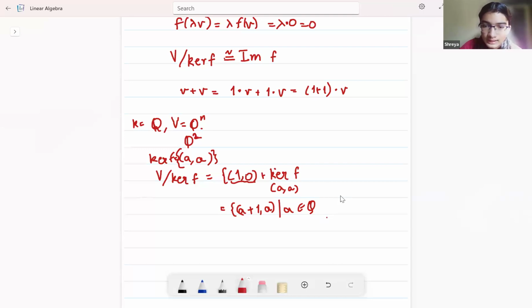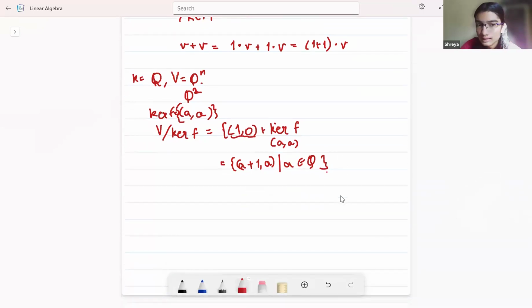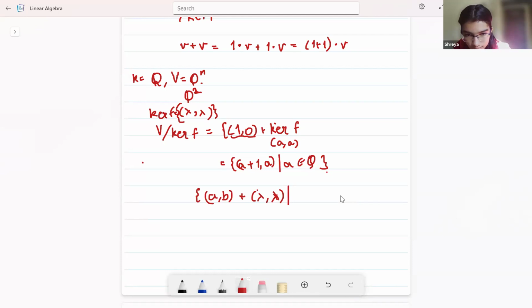And in general, if you have a comma b, and we're adding the set of all things of the form lambda comma lambda, then this is everything of the form lambda plus a comma lambda plus b.